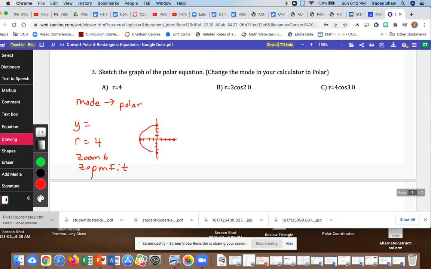My calculator is actually looking like an ellipse, when in actuality, this is a circle because the center would be 0, 0, and the radius is 4. Okay. So sometimes your calculator, because it is wider horizontally than it is up and down, it will take a circle and it will look like an ellipse.